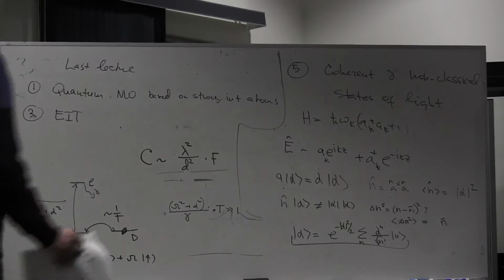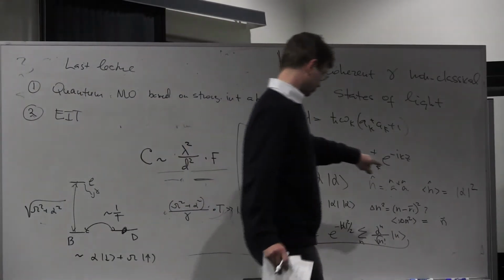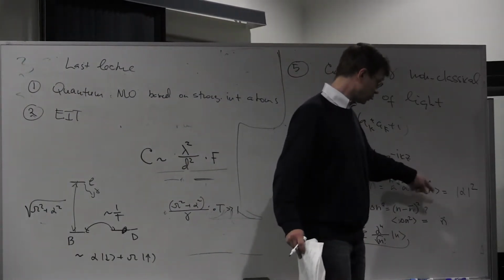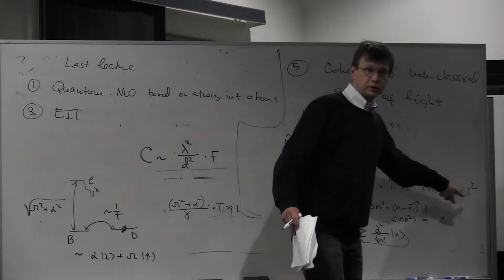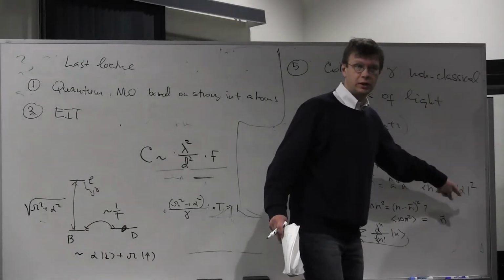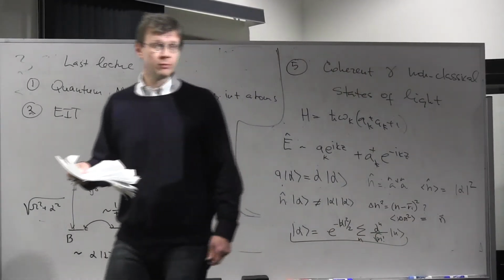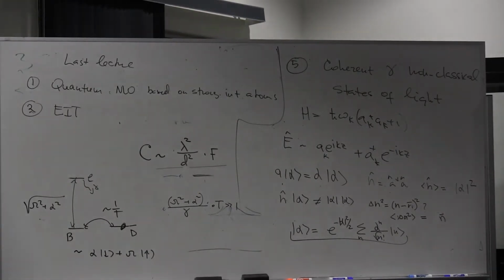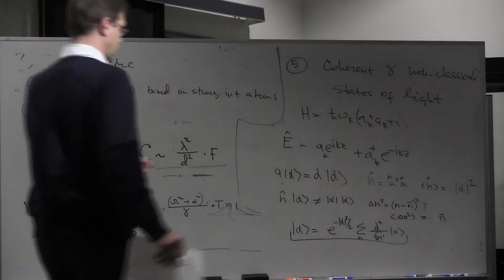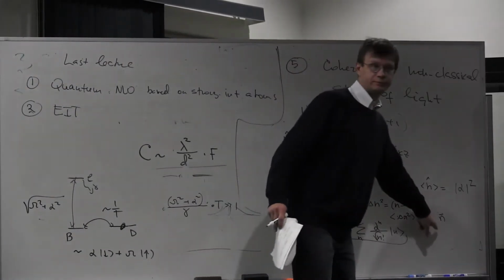On the average, you will find alpha squared photons, right? But from shot to shot, you will have some fluctuations in this measurement. And these fluctuations will have a variance, which will be basically given by n, right?